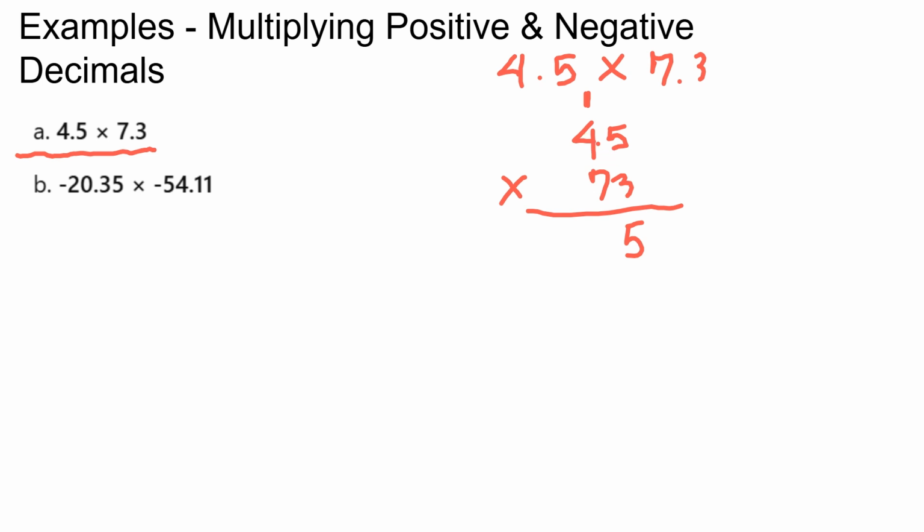3 times 4 is 12, plus 1 is actually 13. And then 7 times 5, that would be 35. Carry 3. 7 times 4 would be 28 plus 3, that's 31.